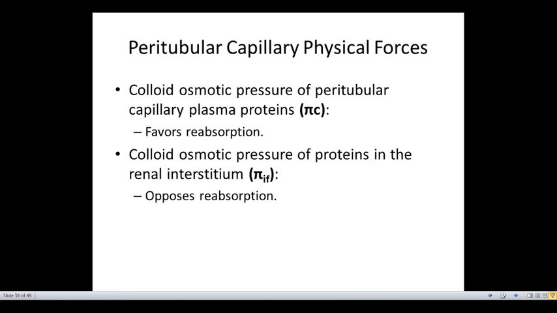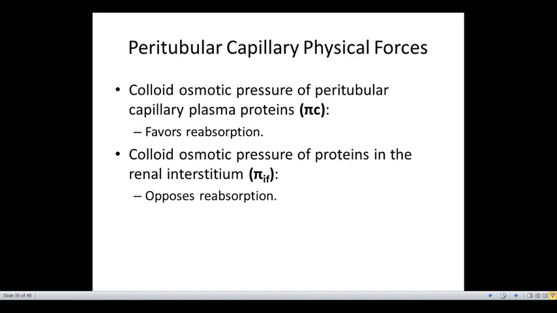Number three, colloid osmotic pressure of peritubular capillary plasma proteins, πC, which favors reabsorption. And number four, colloid osmotic pressure of proteins in the renal interstitium, πIF, which opposes reabsorption.